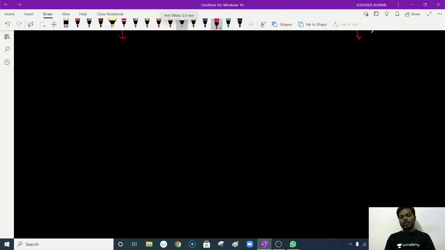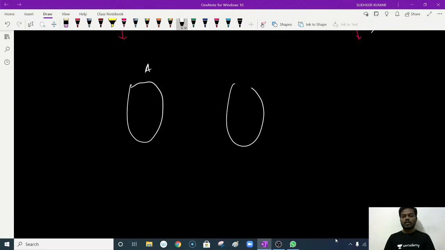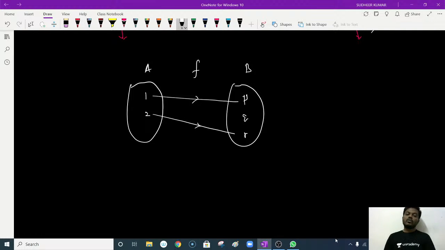Then, if you see this one, suppose here it is a function, sets A and B. Set A consists of 1, 2, and set B consists of P, Q, R. Then, if it is a function, 1 is associated with P and 2 is associated with R. So, is it a function or not?